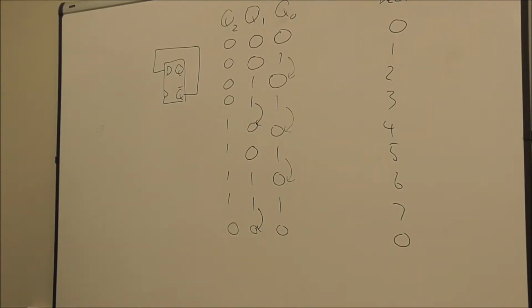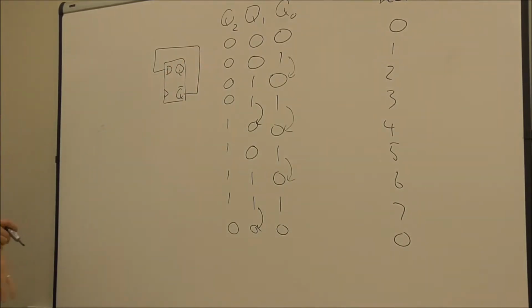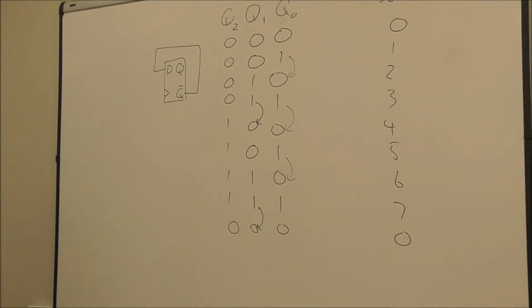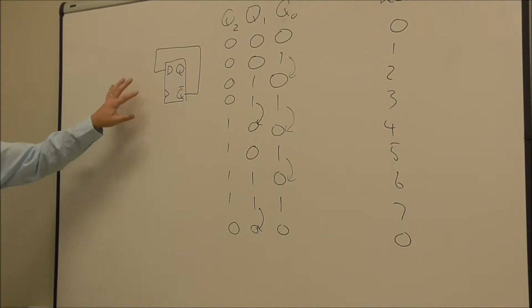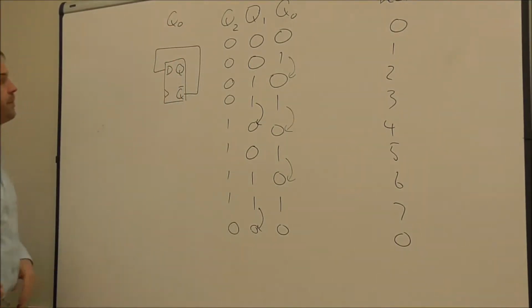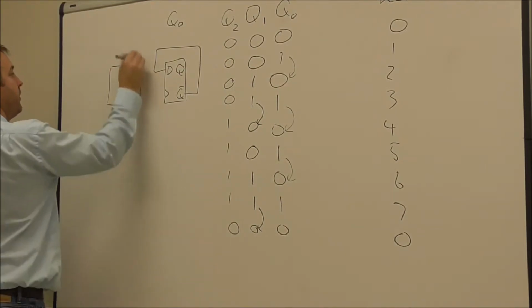So let's actually try and draw a circuit that will do this. Okay? So I'm going to need 3 flip-flops set to toggle mode. So I need a D-type flip-flop with Q bar connected to D, or I could use a JK flip-flop if I chose. I'm going to use D-type because they're easy to draw. Okay, so I'm going to call this one Q0, and I'm going to draw another 2.